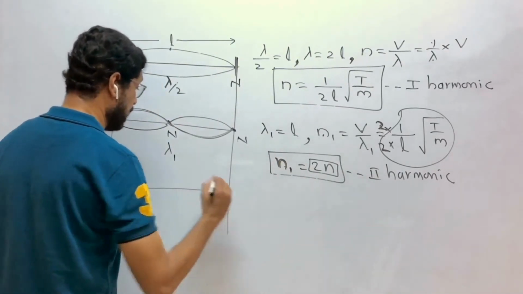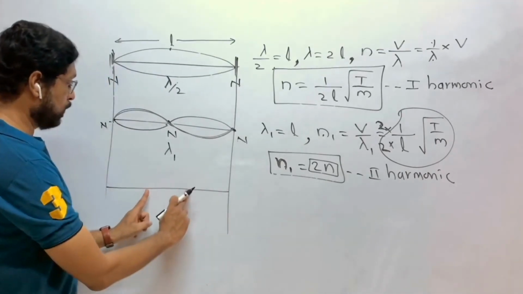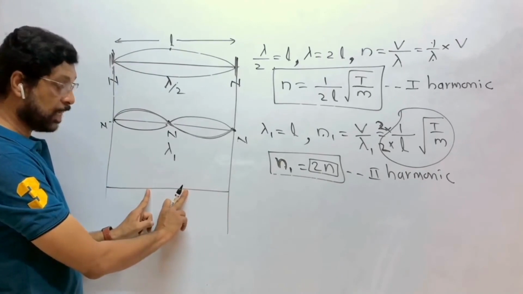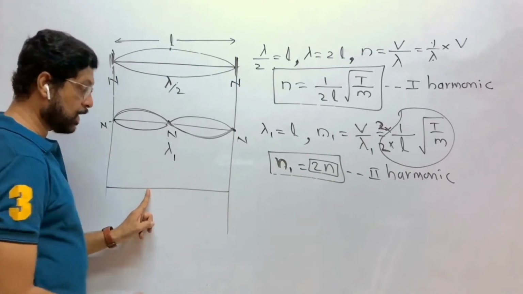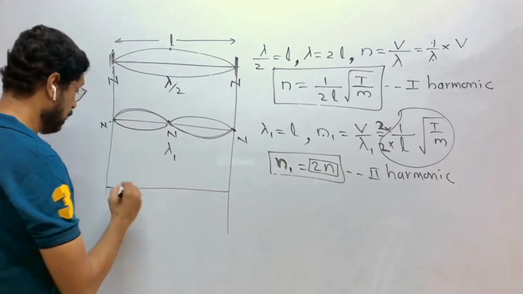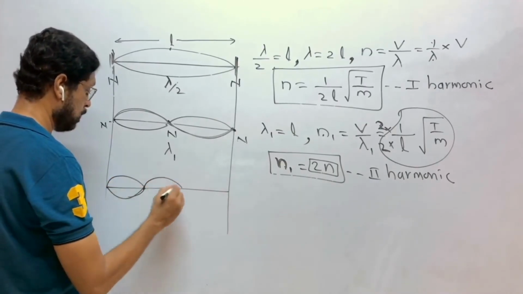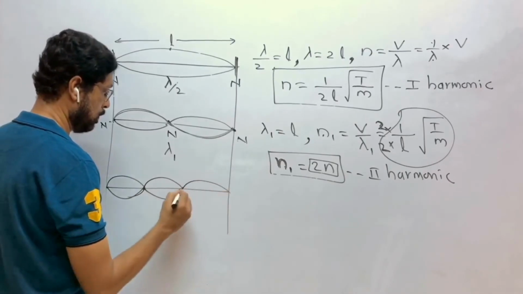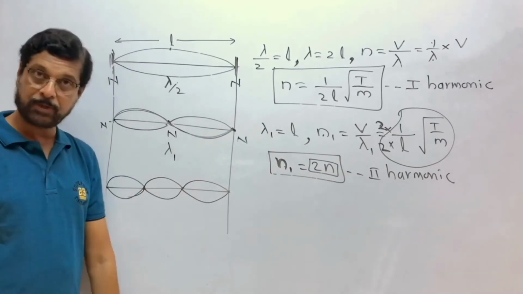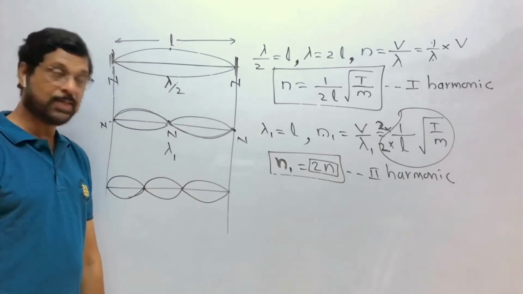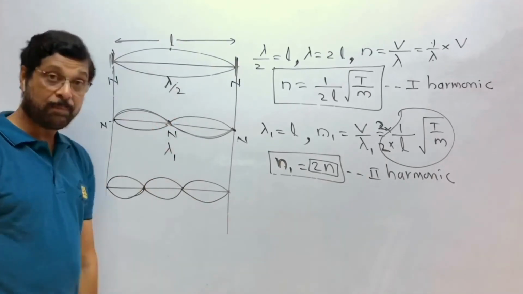So this is the next mode of vibration. The same string, if you support it at 2 points, 3 segments are formed, as you can see. Pluck at the center of any one segment, you will get 3 loops. In terms of lambda, how much is it? One loop means lambda by 2.